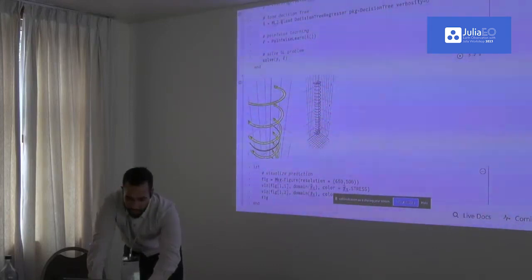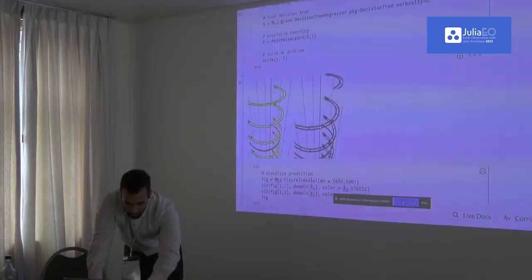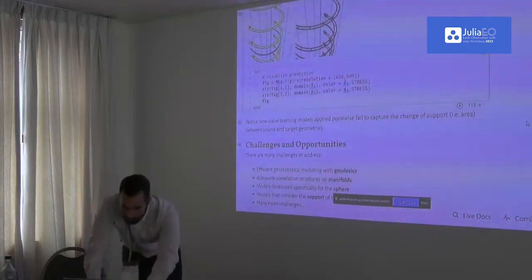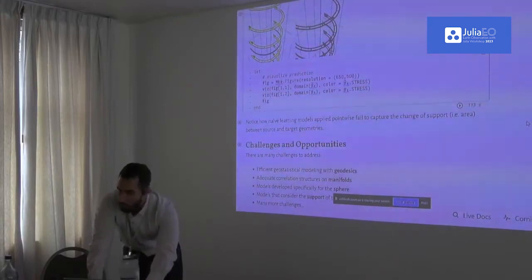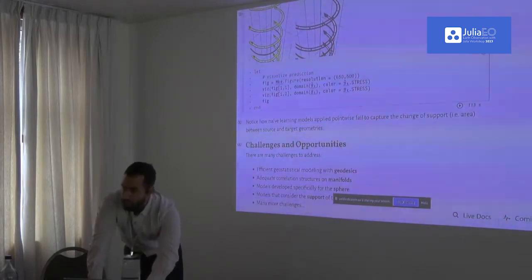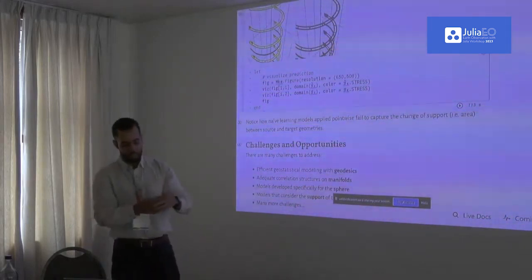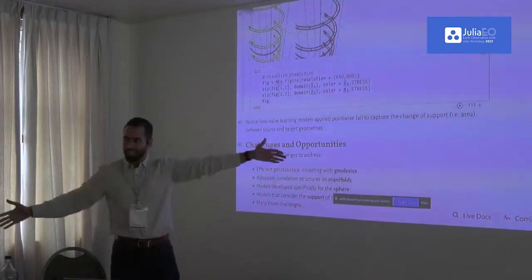So I can just go here and plot the actual value of stress that I've hidden, right? And the value predicted by the decision tree. As you see, the colors are different, and that's to, again, emphasize that if you just apply these models that are not designed for geospatial data, and you apply them point by point, you don't do anything extra, you fail to capture this geospatial information here, which is volume, right?